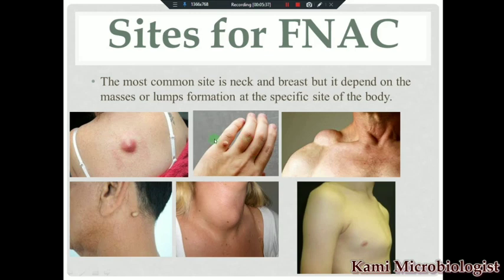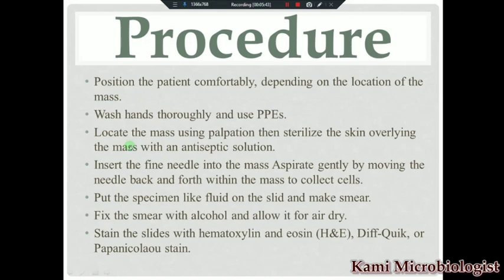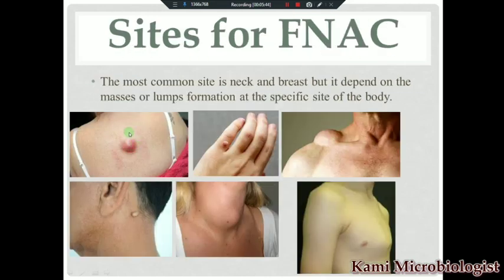But if you see an outgrowth, lumps or masses at any particular area, then we perform fine needle aspiration biopsy. Like in this case, there is a lump at the wrist portion, there is also a lump in the finger, a lump at the shoulder area, and masses at the neck portion.